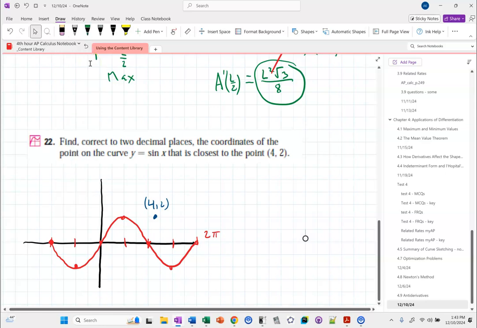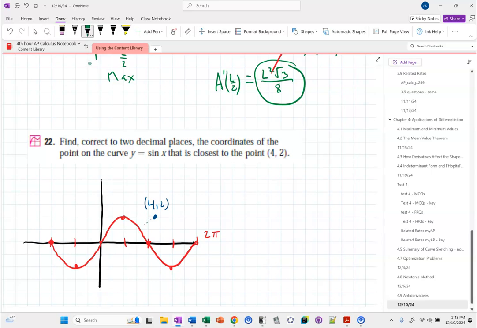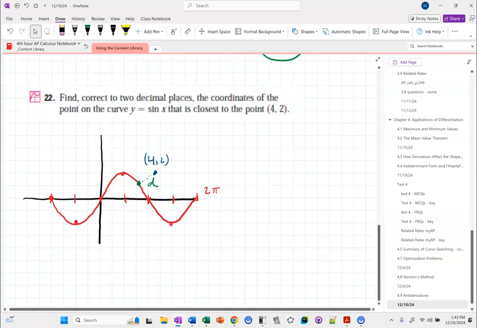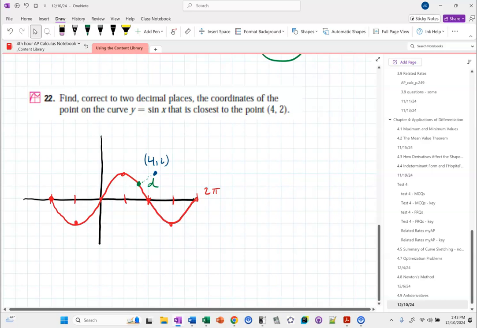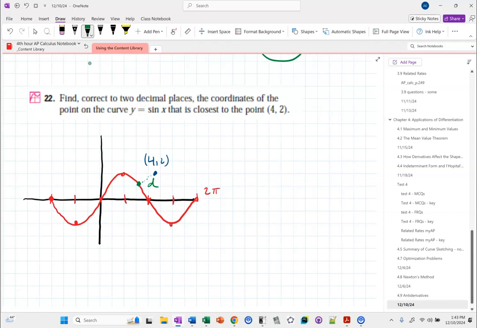So I want whatever that distance is, that's what we're looking for, the one that minimizes it. So this point here, I'm going to call (x, y of x), or really (x, sine x).